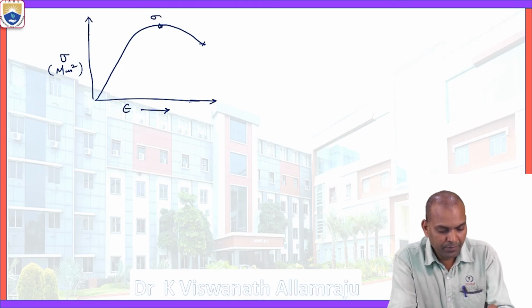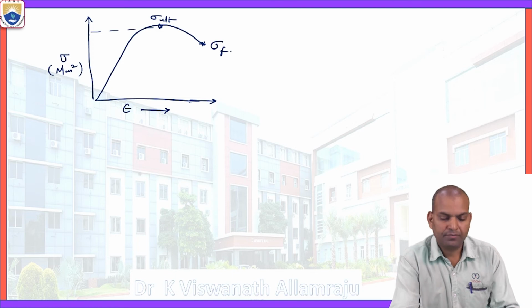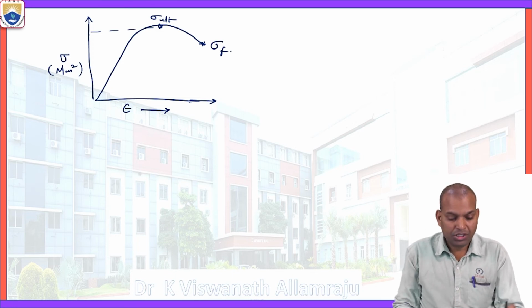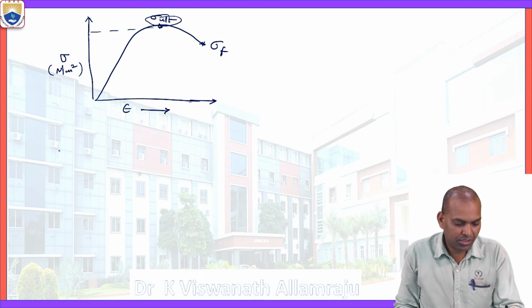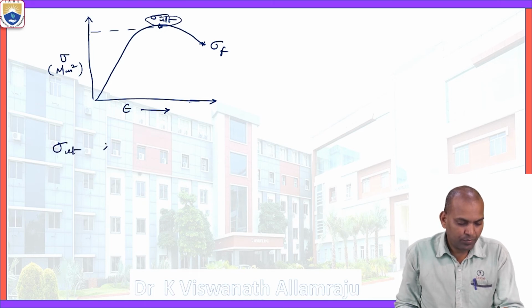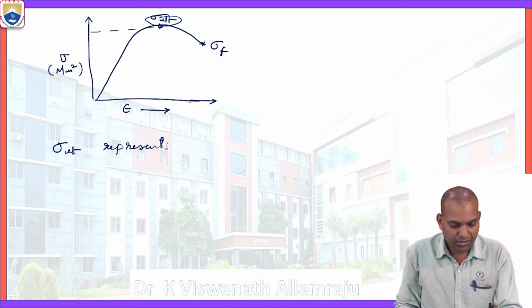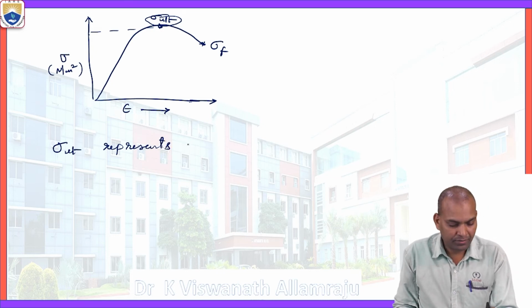This is the ultimate tensile stress. Here it is failure stress. The strength of the material, here ultimate stress, represents the strength of a material.